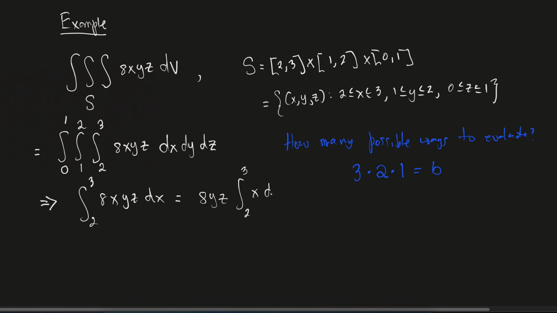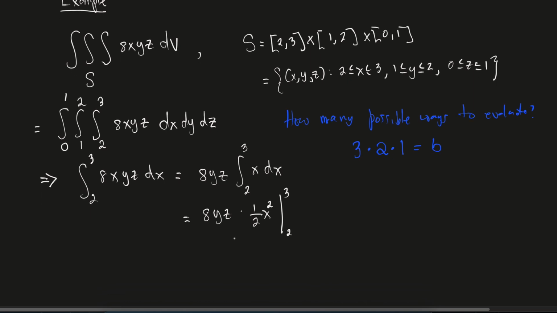x dx. And then we do a regular integral, and we're going to use our fundamental theorem the same way. So we will have 8yz, antiderivative of x is 1/2 x squared, limits 2 to 3. Now, anytime I see constants where if I multiply them, I get nice whole numbers, nice integers, I go ahead and multiply them.